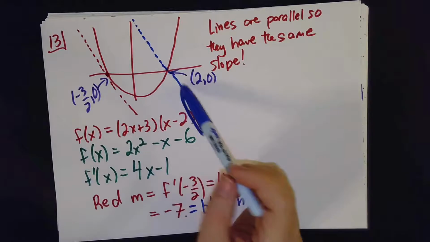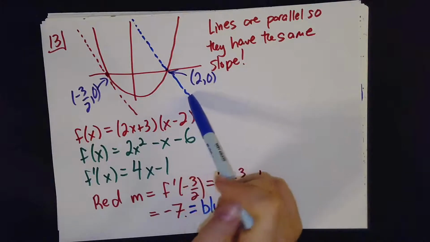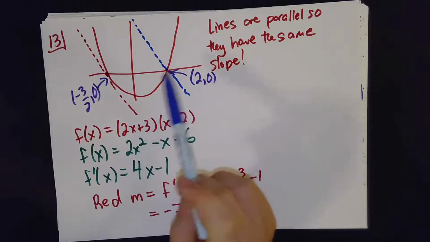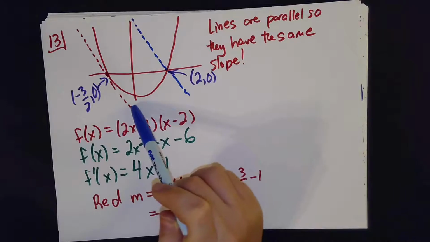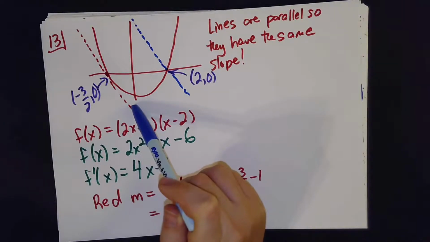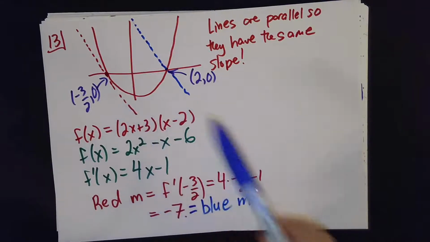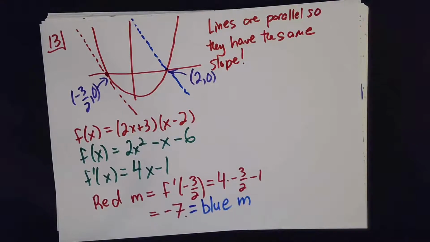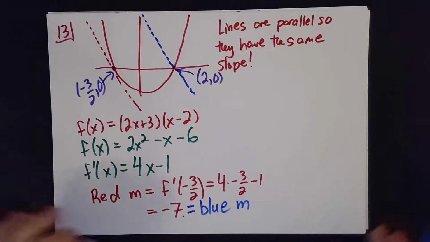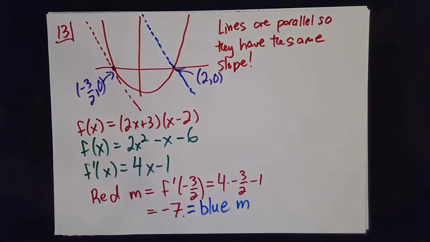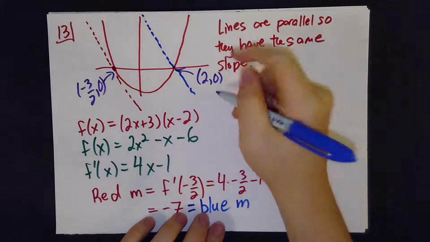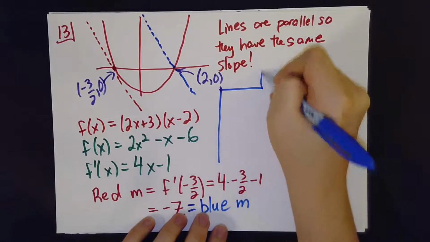So I don't have any way to directly find the slope of the blue line, but I can directly find the slope of the red line because it's a tangent line, so its slope is given by the value of the derivative at the input. But because the lines are parallel, they have the same slope. And so now I can actually go ahead and find the equation of the blue line.